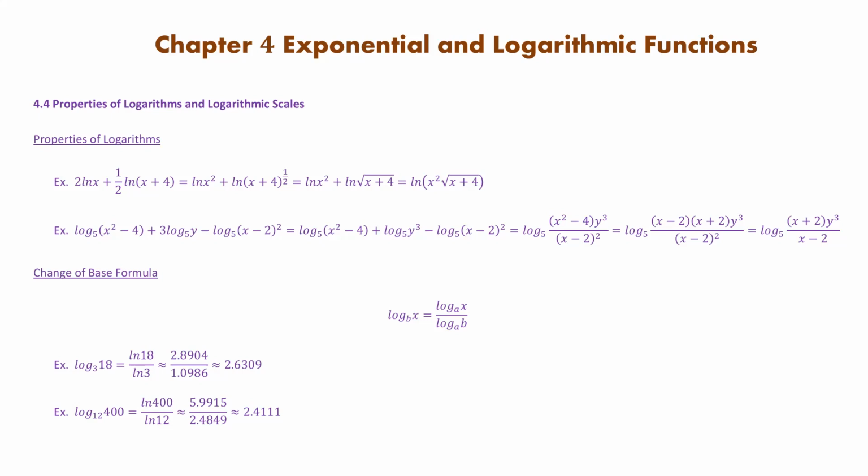So then x minus 2 cancels. That reduces the whole thing to x plus 2 times y cubed over x minus 2. You take the logarithm of that with base 5. All right.